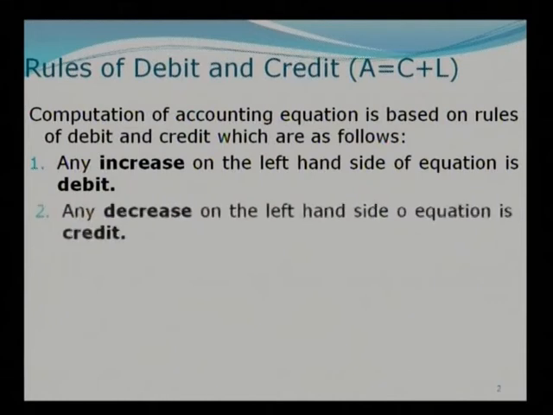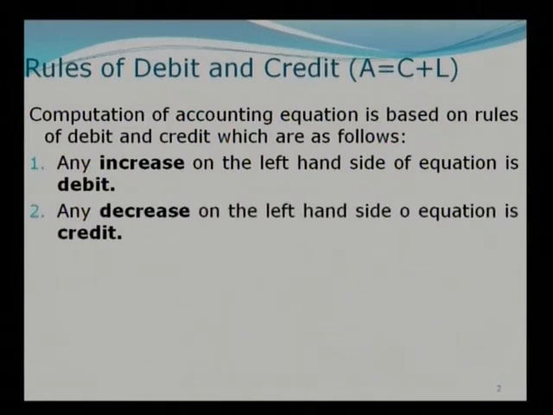Now, in this very case, we will look at some other rules and we will understand which account should be credited. Your next rule is any decrease in left hand side of equation is credit. Any decrease. If you remember only one rule, your job is done.